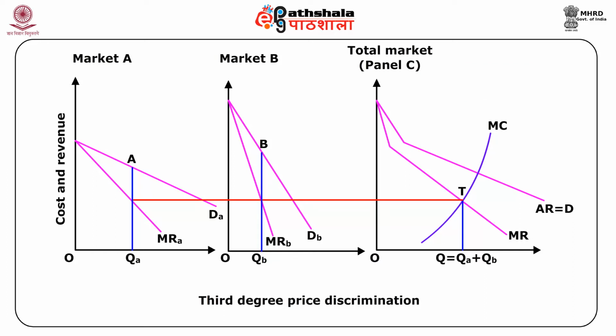The firm's total equilibrium output OQ is equal to OQA plus OQB. Since at OQA, MRA equals MC in market A and at OQB, MRB equals MC in market B, MC is equal to TQ.